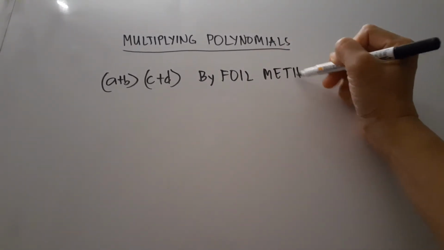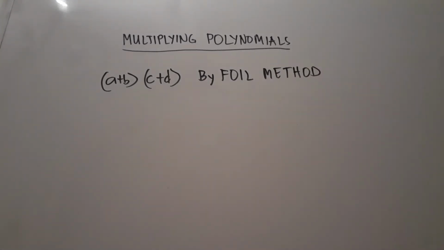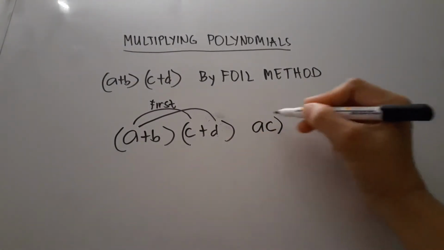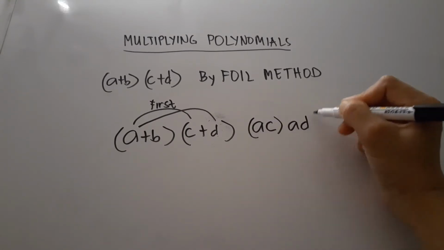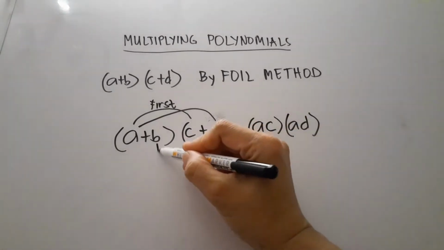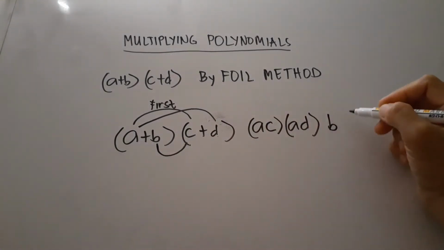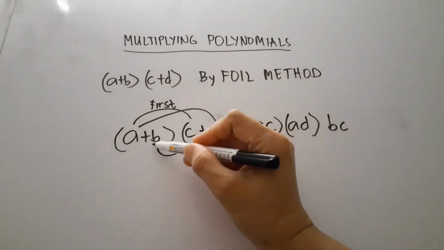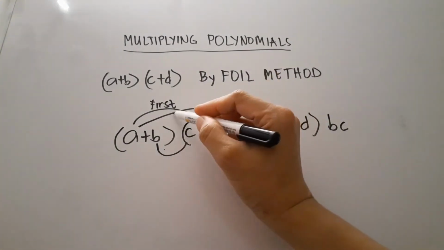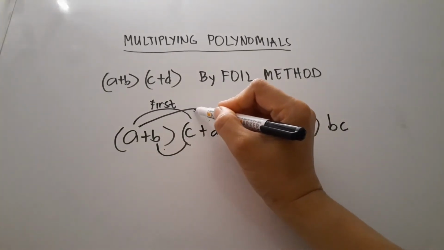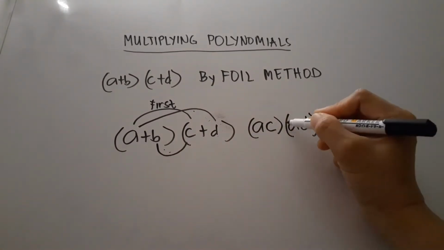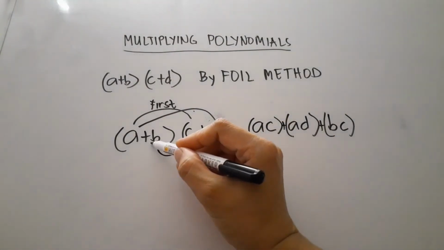FOIL method means first, outer, inner, and last. a plus b times the quantity c plus d: the first is a times c, the outer is a times d, the inner is b times c, and the last is b times d. This is all additions.